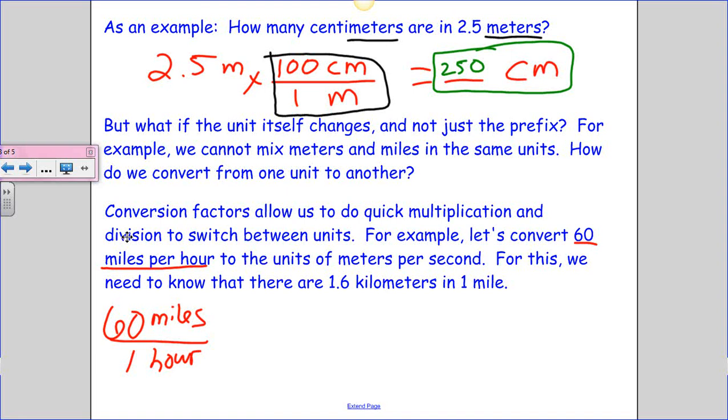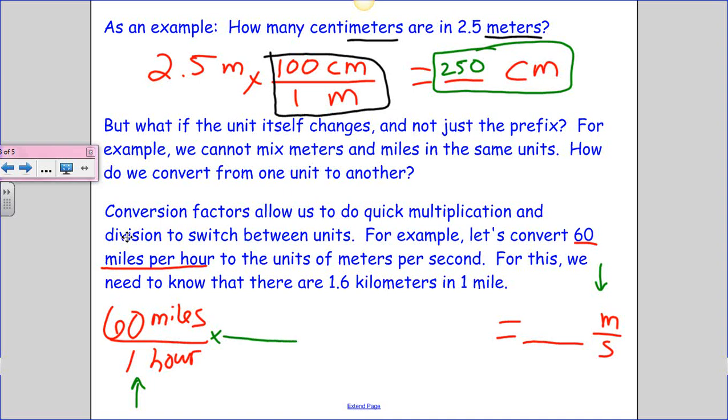And we want to change this into what? Meters per second, or little m over little s. Remember, miles and hours are not SI units. Meters and seconds are. So what we need to do is cancel the units over here and get the right units over here. So we need to multiply by conversion factors.